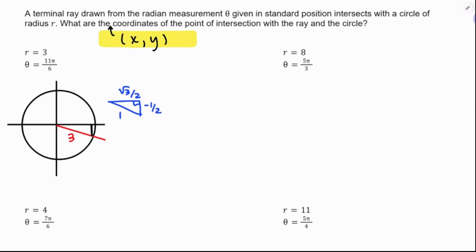So I know that this horizontal leg is going to be 3 root 3 over 2. And the vertical leg will be 2 times negative half, which is negative 1. Meaning the xy coordinates of this point are 3 root 3 divided by 2 and negative 1.